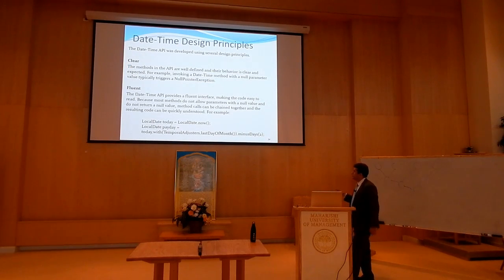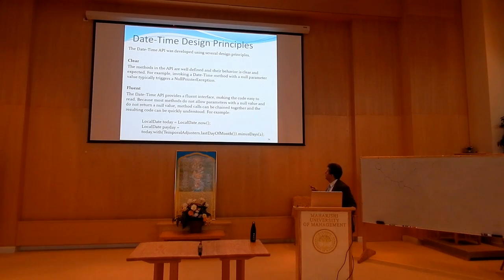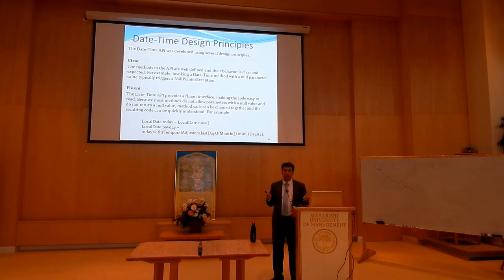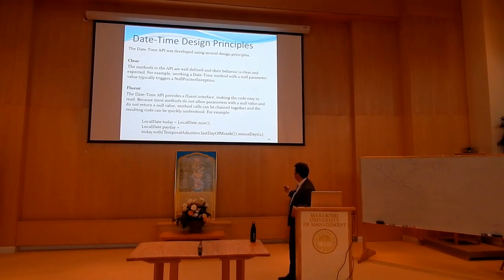So here are some of the design principles that are behind the new date and time API. The date and time API is clear, which means there's a clear relationship between name and form. If you call a method and that method says, let's say, minus, it's exactly doing what you expect it to do.